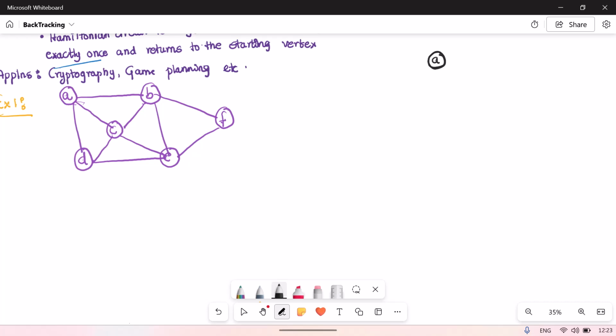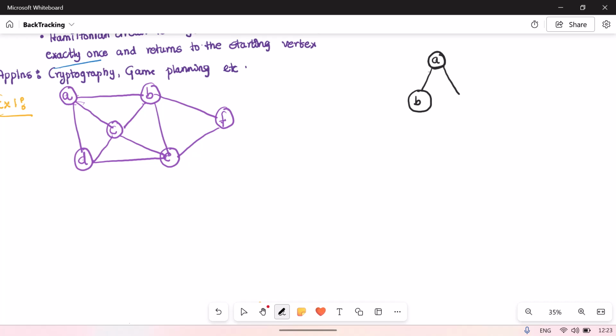Then, understand this. From A, identify the next nodes to which there is a direct path. See, there is a direct path from A to B, A to C, and A to D. So, write these as next valid states.